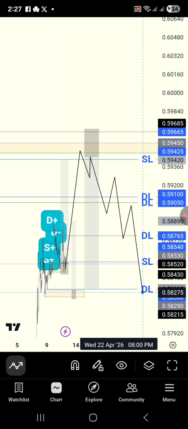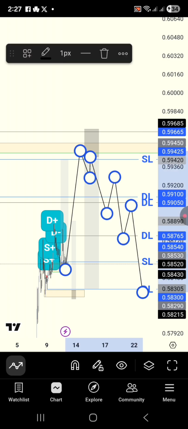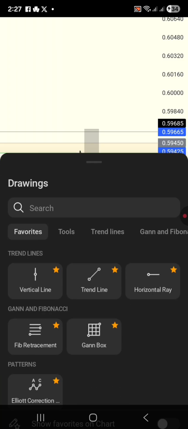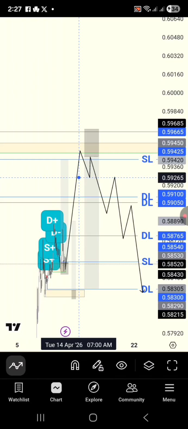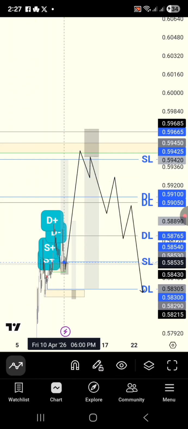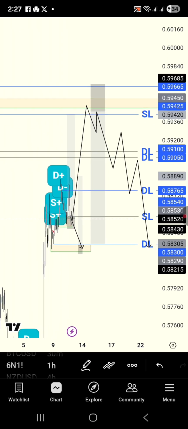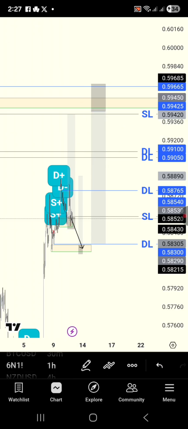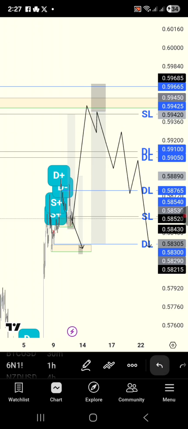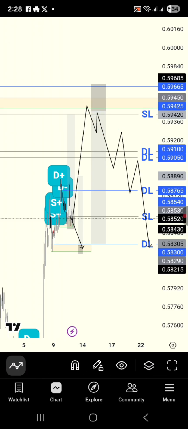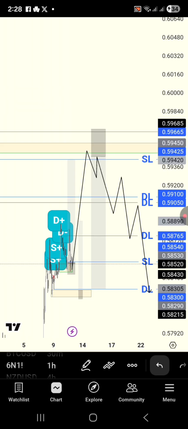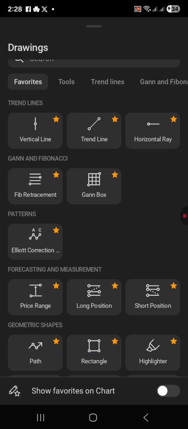Or we can have, let me pick another one, we can have something like this, maybe a drop into this zone, right? Let me draw that again.